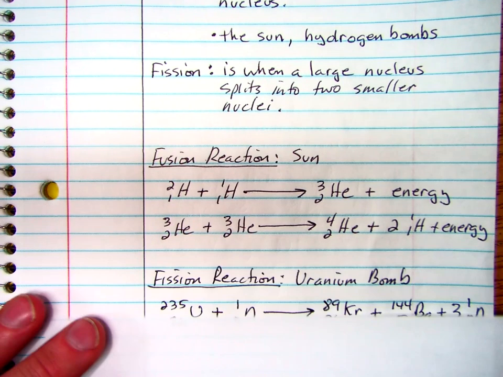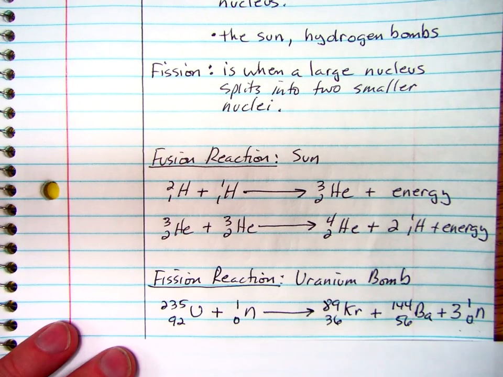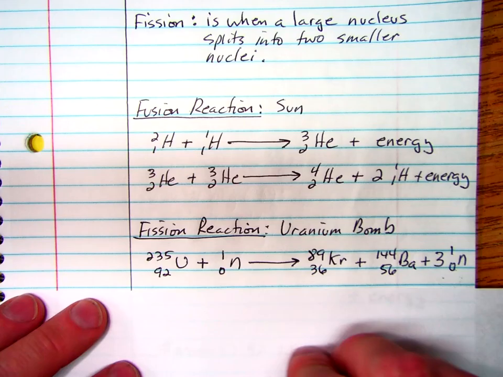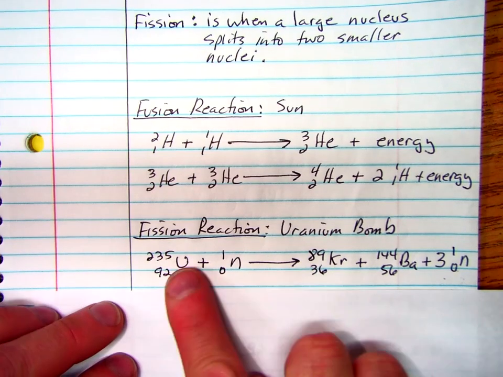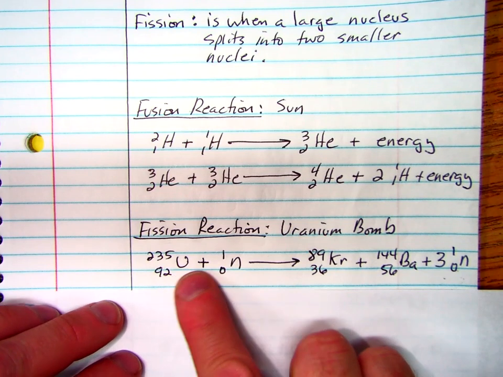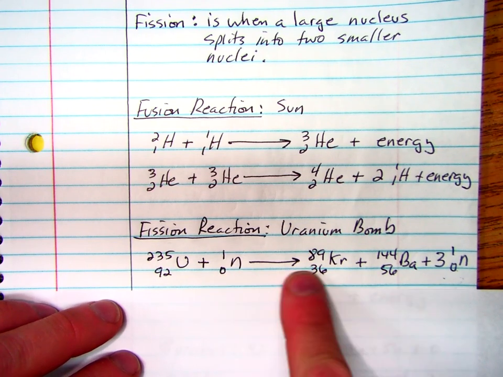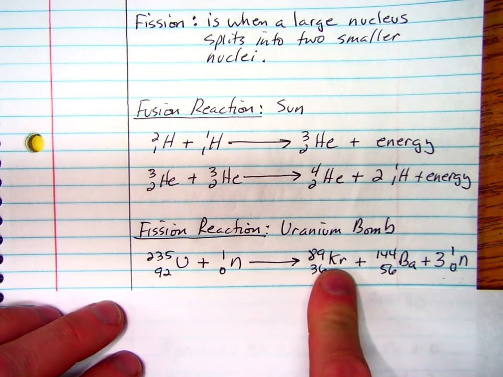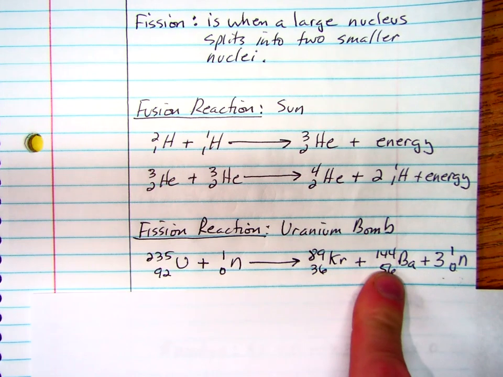Okay, last one, and then I'll let you copy down these notes. Fission reaction, a uranium bomb. Uranium-235 gets hit by a neutron. This happened in the PhET lab. It breaks apart into krypton-89 and barium-144.